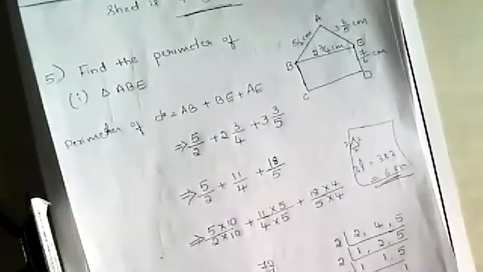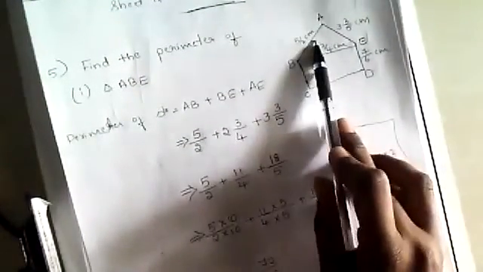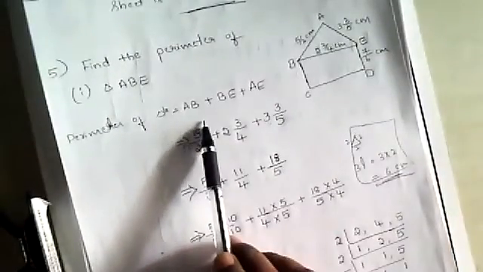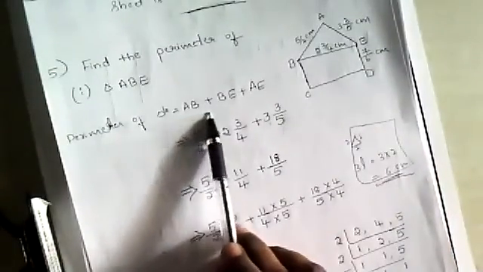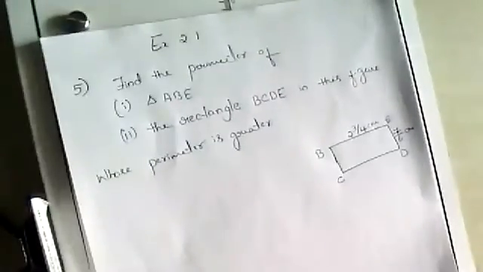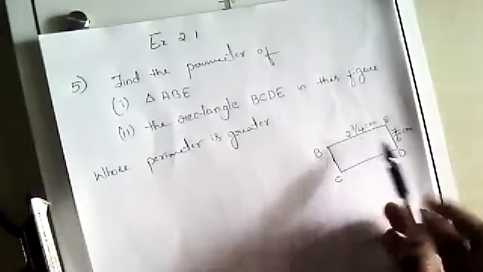See here, this is the first question we have solved. This is triangle and this is rectangle. We solved for the triangle. We wrote the perimeter formula of triangle, sum of all the sides: AB plus BE plus AE. Today in this class we have to find the perimeter for a rectangle. This is the rectangle, and two sides they have given the values: here 7/6 and here 3/4 centimeter.